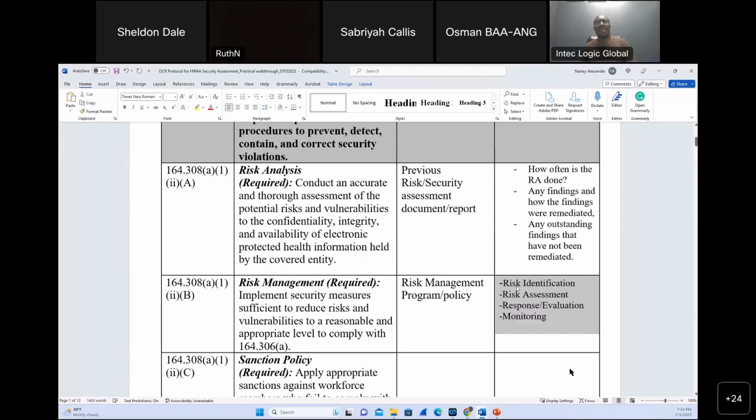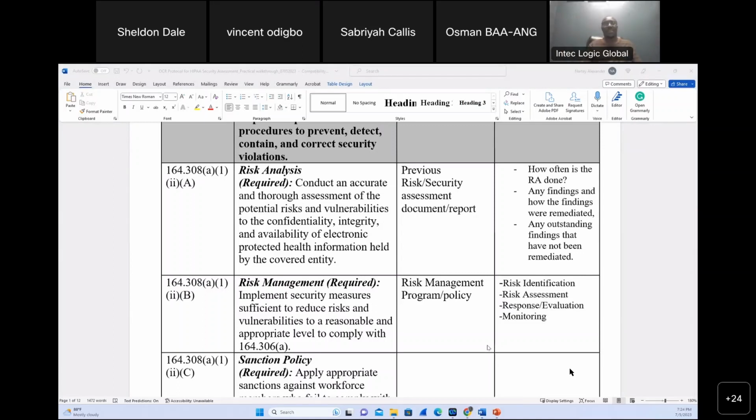Anytime you see risk assessment, risk management, you want to see within the document what process they follow to identify risk, what process they follow to perform risk assessment, what process they follow to respond to the risk, and also in monitoring the risk.